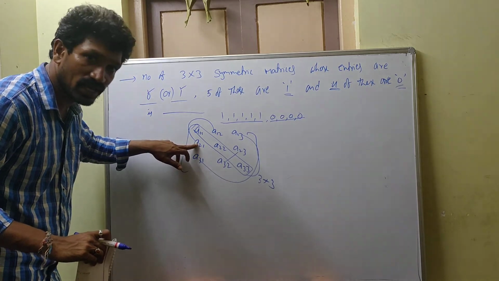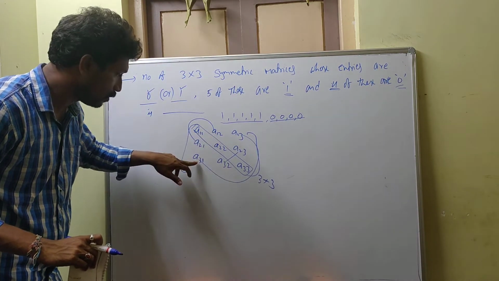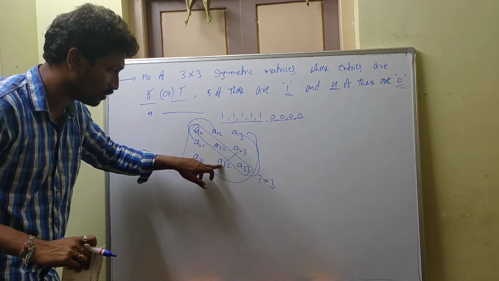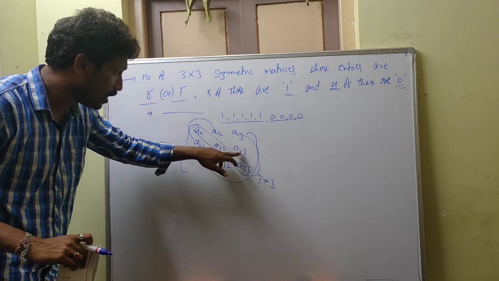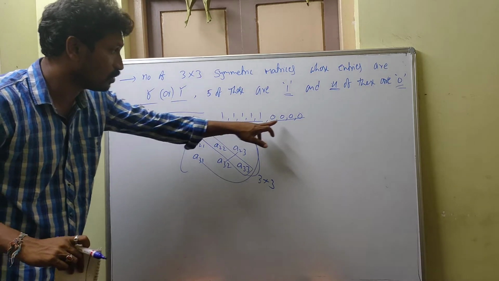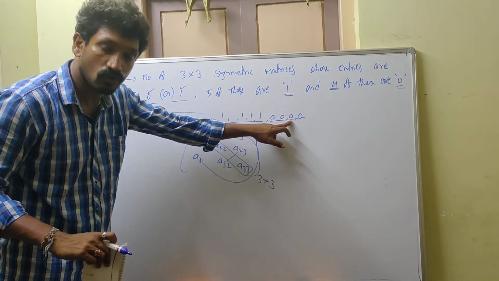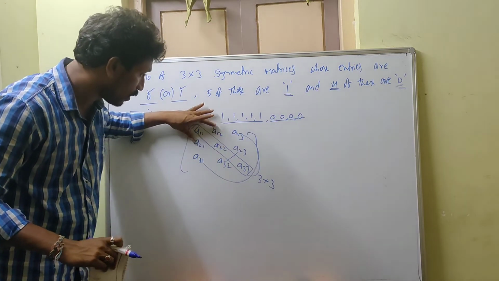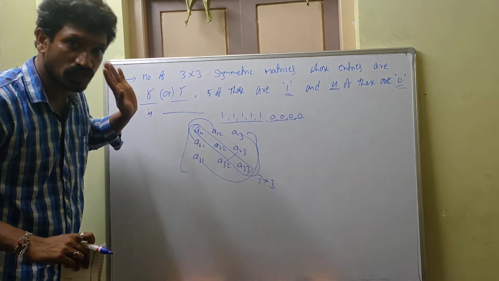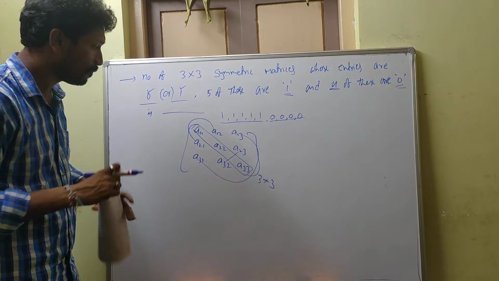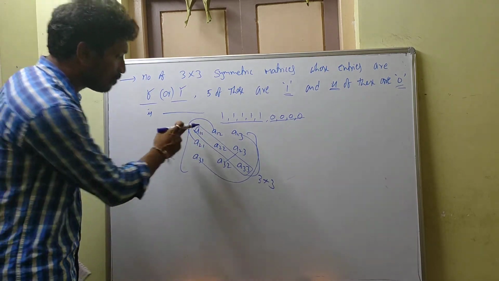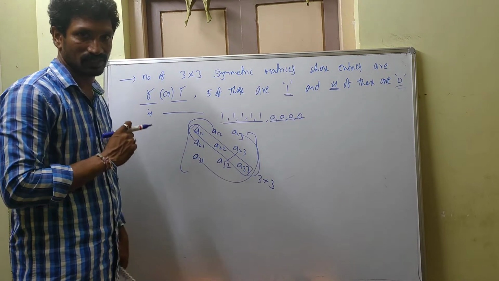If you want to fill 0 here, the same should be here. So if you want to fill all these 6 positions with zeros, is it possible? No, only 4 zeros. We can fill any 4 positions with zeros, and the rest of them we have to fill with ones.